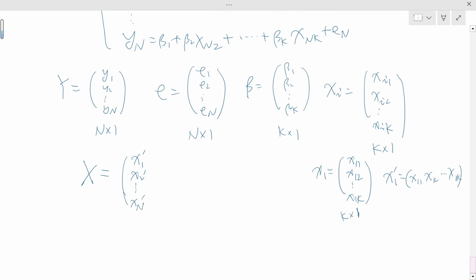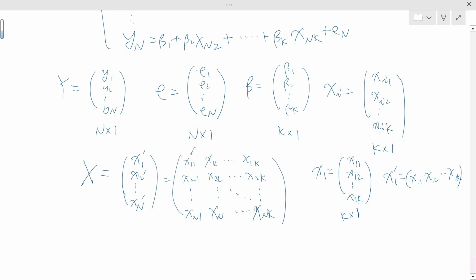Define this to be X, which is just x11, x12, up to x1k, then x21, x22, up to x2k, down to xn1, xn2, up to xnk.